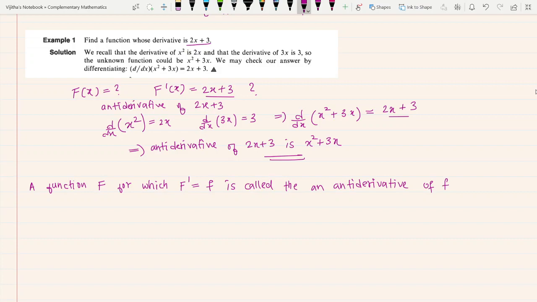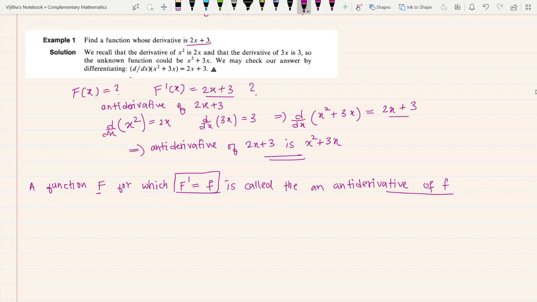To find an antiderivative of f, our aim is to find a function capital F whose derivative is small f. Then this capital F is called the antiderivative of small f.